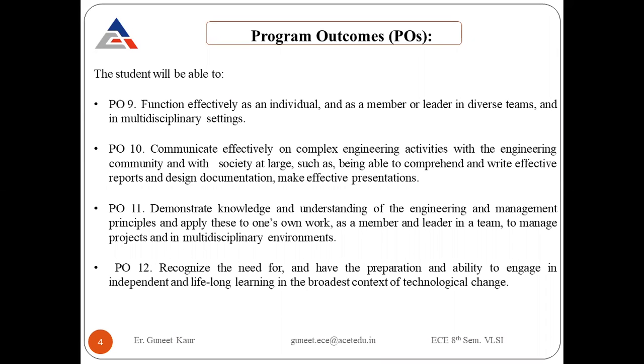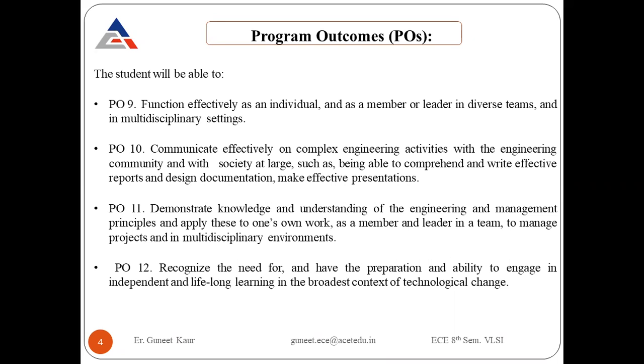Further, I will discuss with you the course outcomes, which means what type of technology, what type of concepts we will learn in this subject.